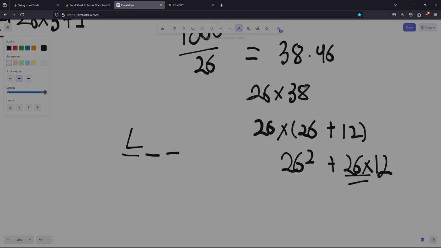This is already gone. Now we have to look at the remainder. When we multiply 26 by 38, it becomes 988. So when you subtract 988 from 1000, the result is 12. So this L doesn't make any sense as 12 is equivalent to L. But what will be the value here?